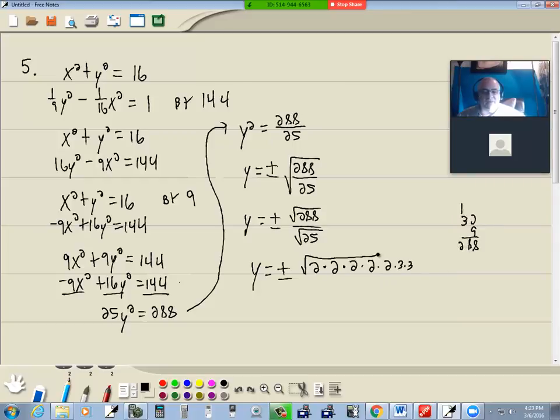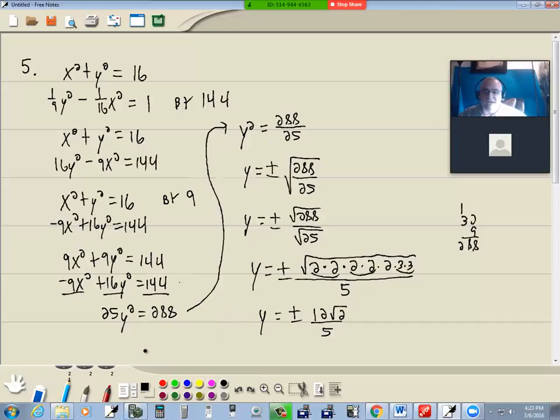Okay, yeah, it does factor that way. All over, and the square root of 25 is 5. So then we've got a pair of 2's here, a pair of 2's here, and a pair of 3's. So we'll have 12 out in front and 2 left inside. And we get y is equal to plus or minus 12 square root of 2 over 5.